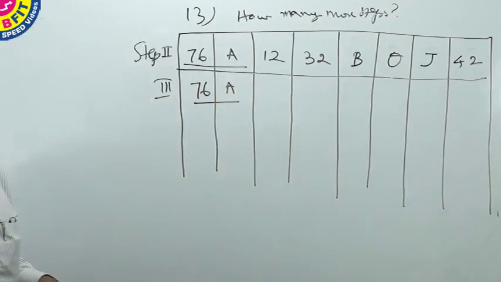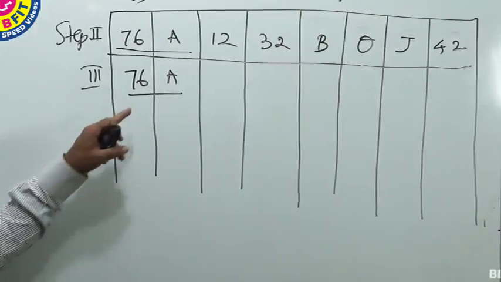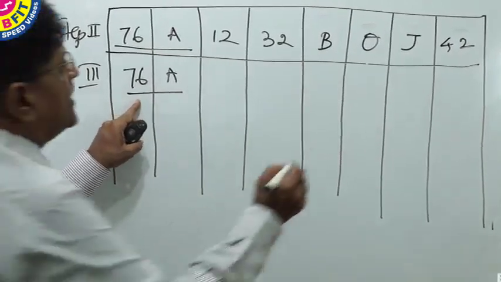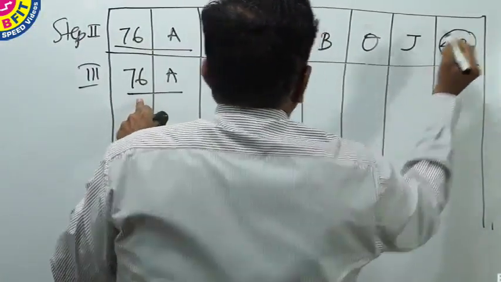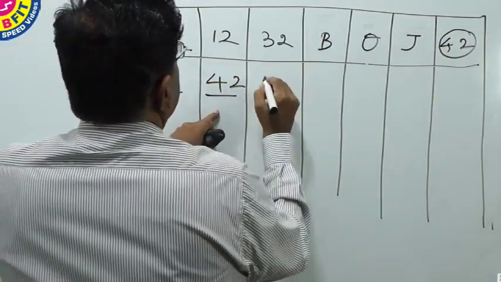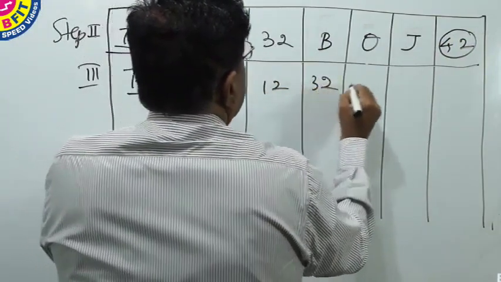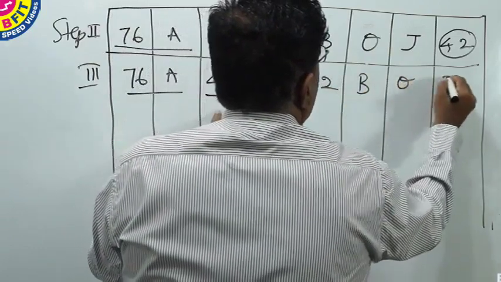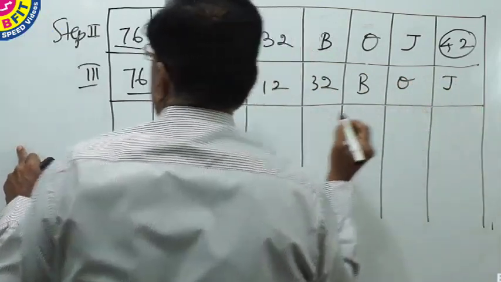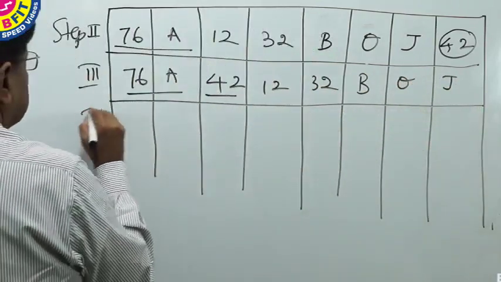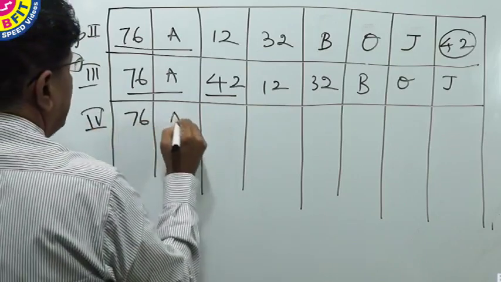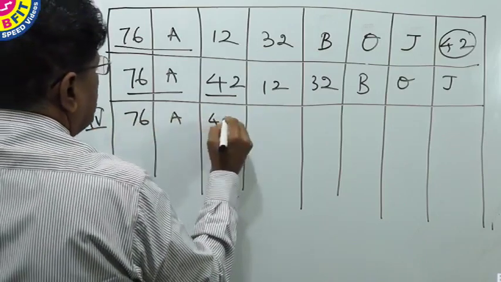Then the next number should be a number lower than 76. It is 42. 42 right here, underline it. 12, 32, B, O, J. Step 3. Step 4. You inherited 76 and A, and 42 inherited.